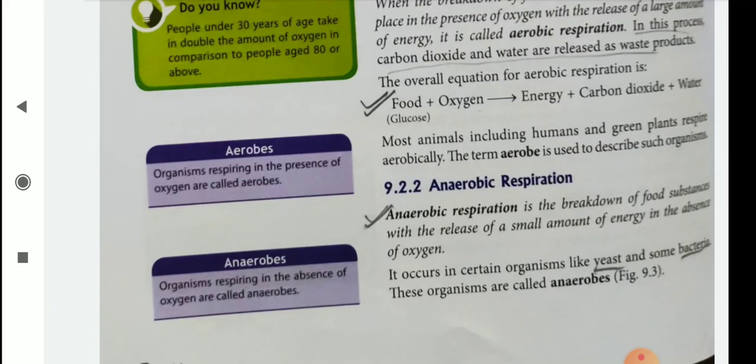Anaerobic respiration is the breakdown of food substances with the release of a small amount of energy in the absence of oxygen. Here oxygen is not required. Okay. It occurs in certain organisms like yeast and some bacteria. These organisms are called anaerobes.